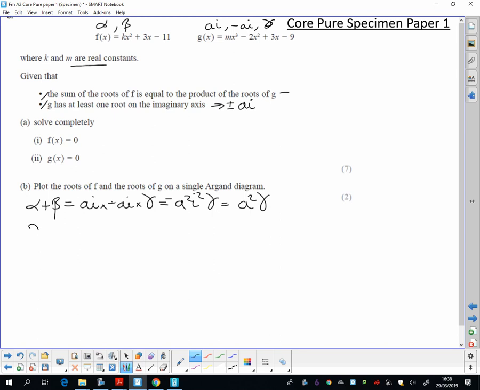What do we know about alpha times beta? Alpha times beta is going to be c over a. We can also get that alpha plus beta is going to be negative b over a. We can also get from the other expression that the sum of those roots is going to be 2 over m, and that's going to simplify.